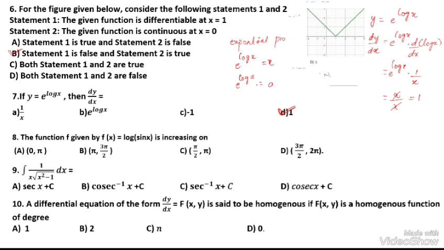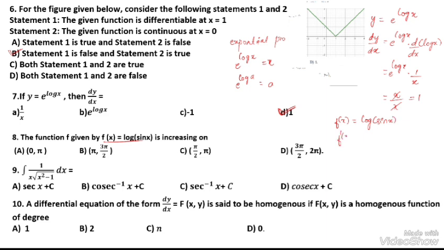Then for question number 8. The function f is given by f of x is equals to log of sin x, is increasing on. First, before checking whether the function is increasing or decreasing, you have to take the differentiation. Now f of x is equals to log of sin x. Differentiate with respect to x.